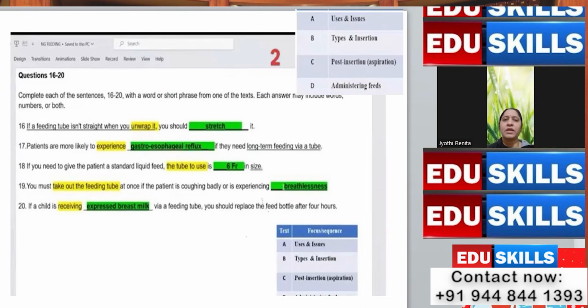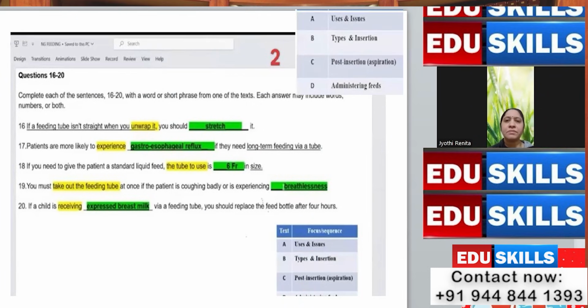So as a beginner, we have to locate the paragraph and write in front of each question. So this will help us initially to locate the answers. To get accustomed to the questions, this is very necessary for each one of us, to write the paragraph in front of each question as beginners.